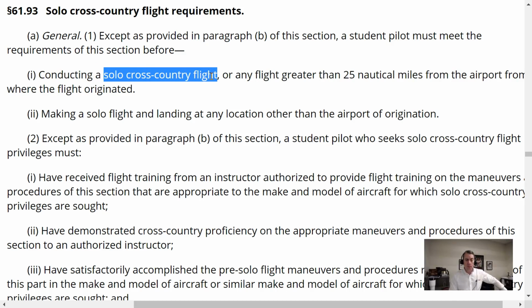And if you remember from our regs way back when we talked about the very first part of 61, we defined the phrase cross-country flight, and the meaning of that, which is any time that you take off from one airport and land at another airport.